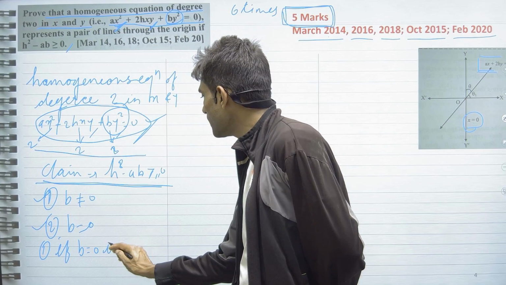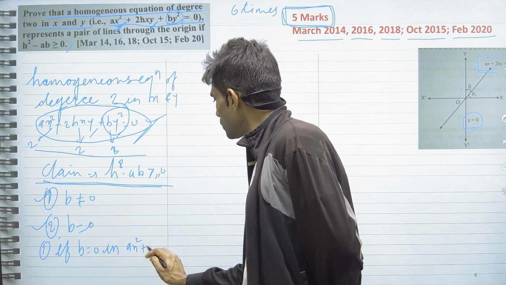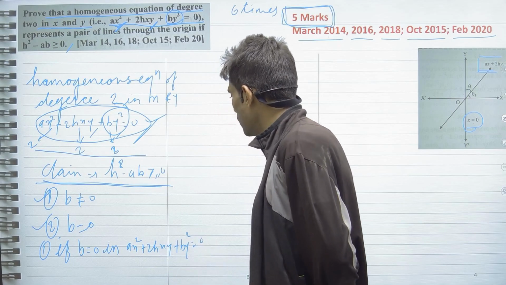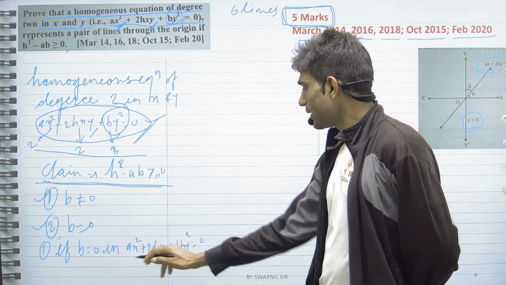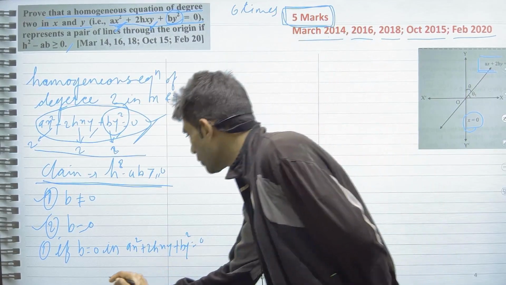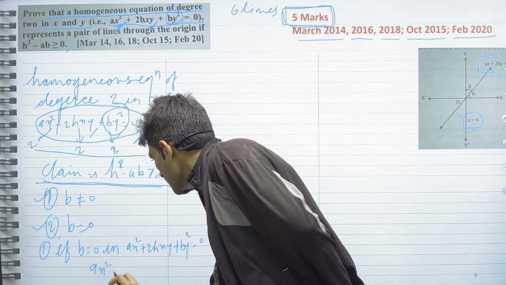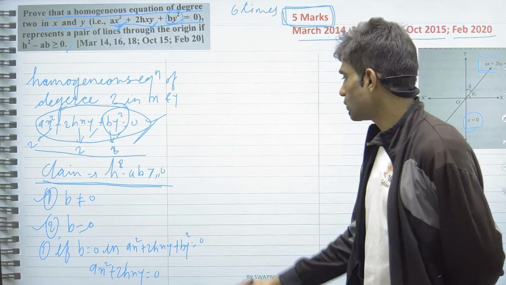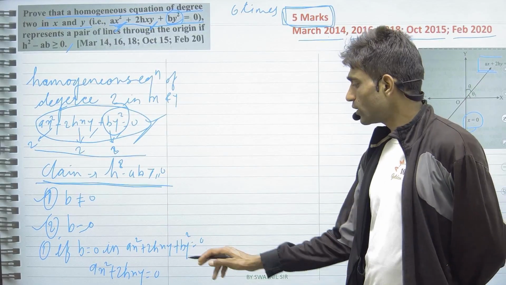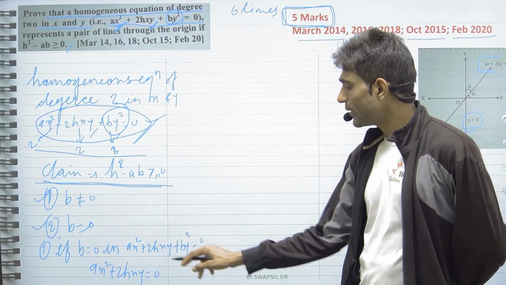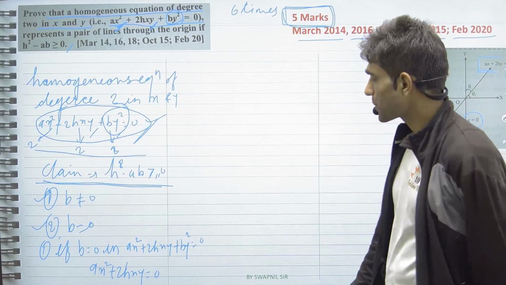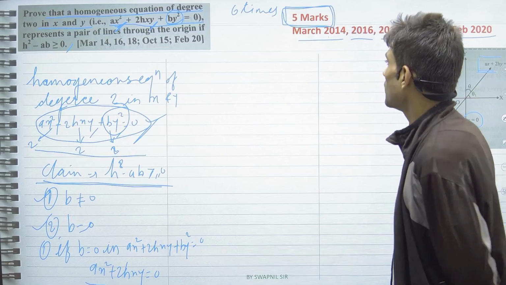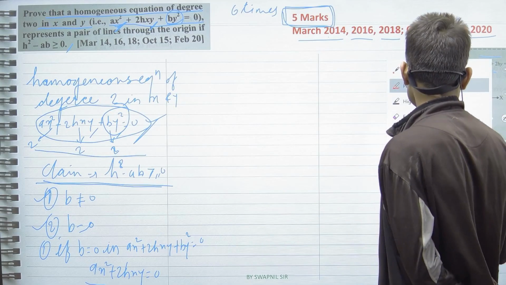When we take b equal to 0, by square goes completely to 0, and we are left only with the term ax square plus twice of hxy equal to 0.